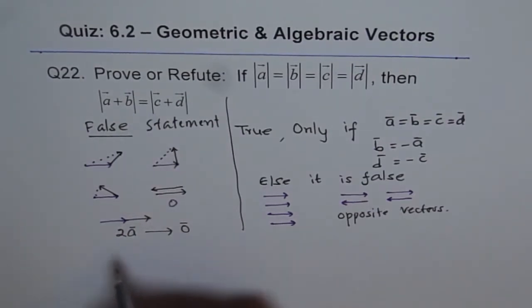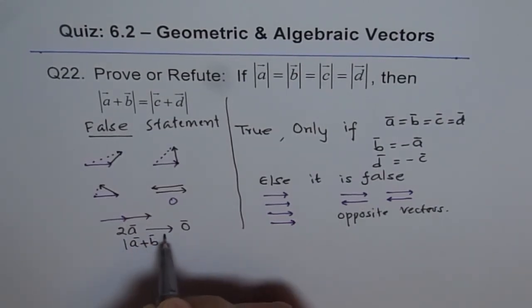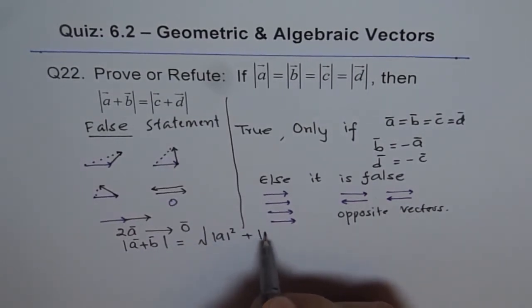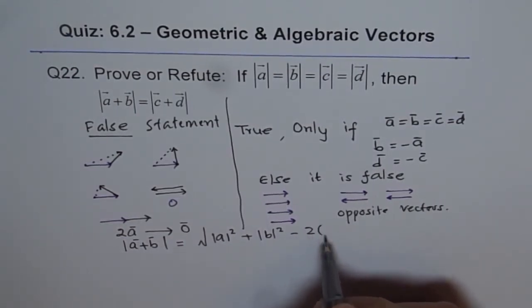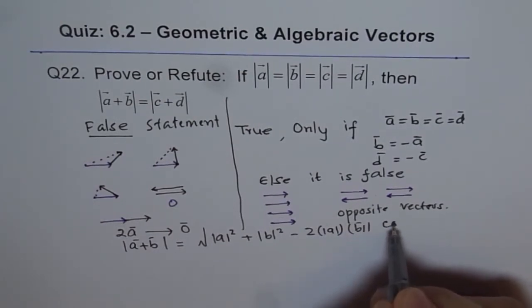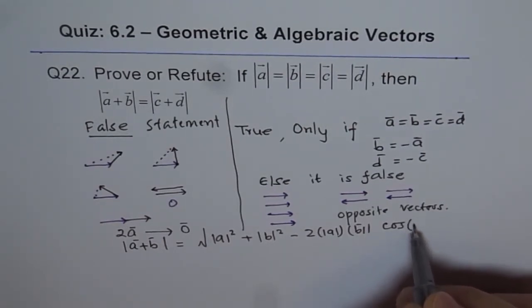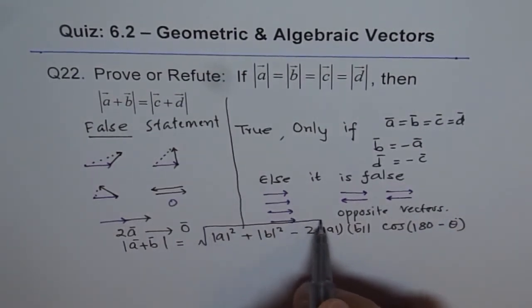So basically you can write that the absolute value of A plus B is equal to the square root of absolute value of A squared plus absolute value of B squared minus 2 times absolute value of A, absolute value of B, cos of 180 minus theta, where theta is the angle between them, square root.